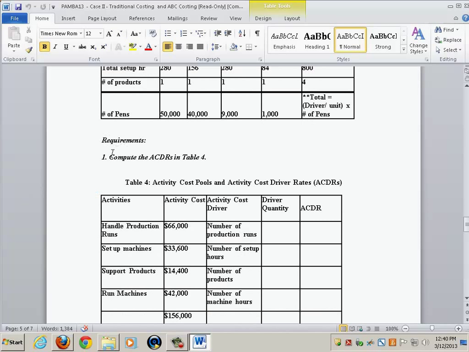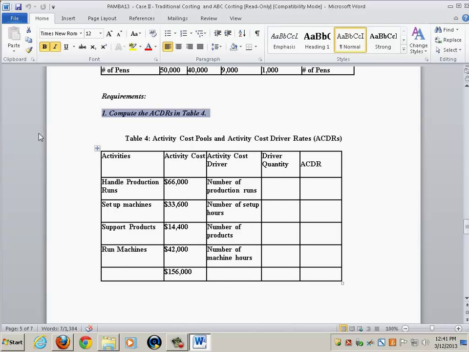Okay, then based on all of this data, you get to requirement number 1 for the case, and that is to compute the ACDRs in Table 4. Now, let me tell you what ACDRs are. A stands for activity, C stands for cost, D stands for drivers, and R stands for rate. So ACDRs are activity cost driver rates.